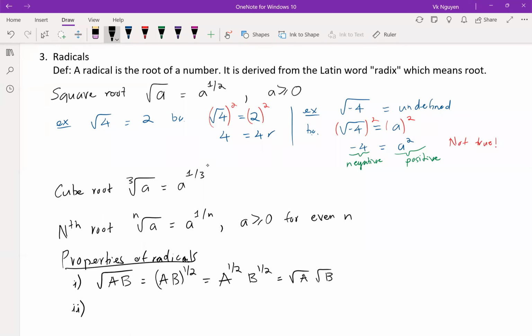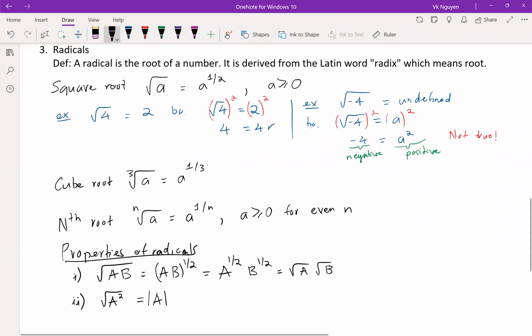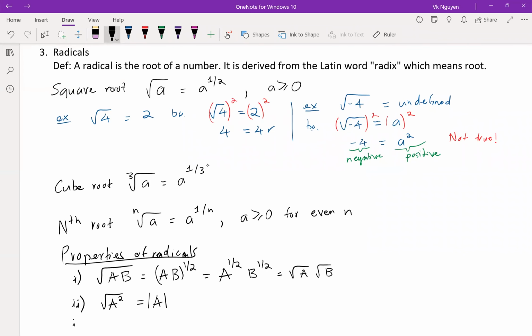Second property of radical. Root of a squared. This one, the square root and the power 2 are going to cancel out. However, inside the square root, the number has to be positive. So this is the absolute value of a. One more.